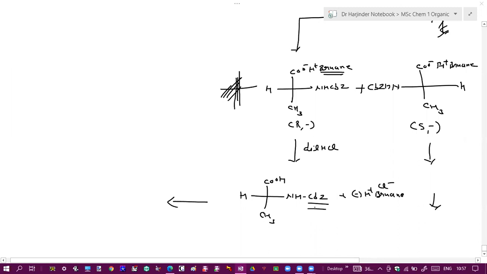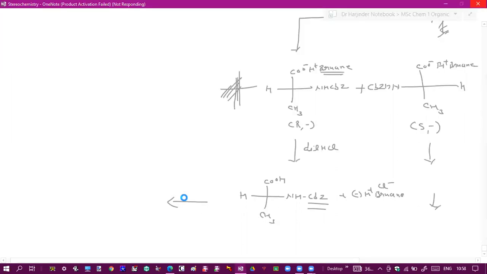Now, can you tell me what reagent can be used to remove CBZ? It's again a very important question and usually comes in entrance exams. What reagent can be used? It is hydrogen bromide in acetic acid.